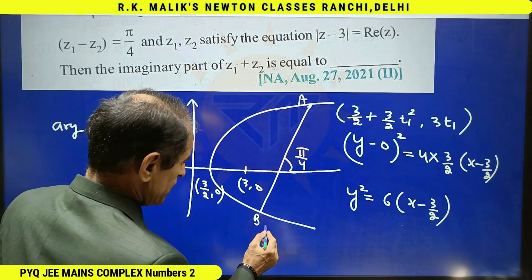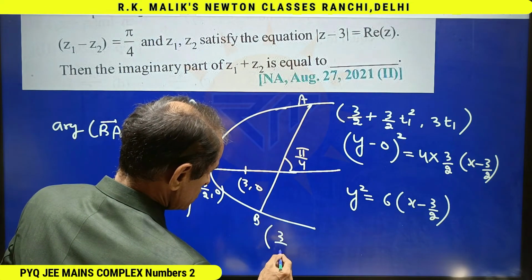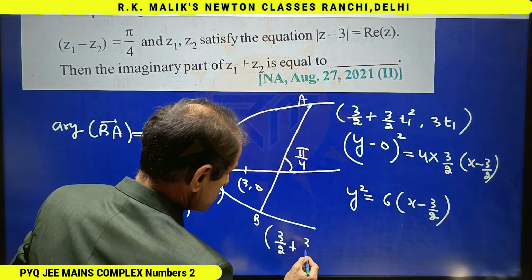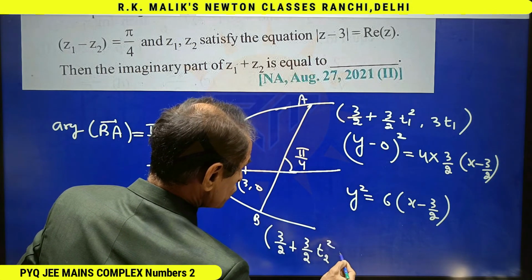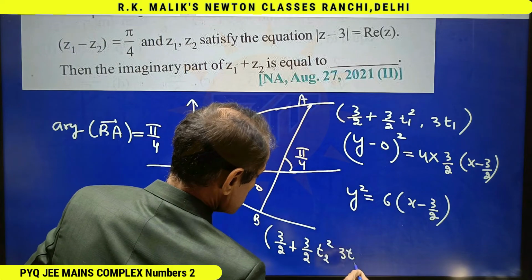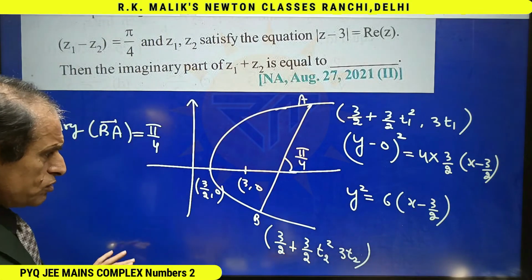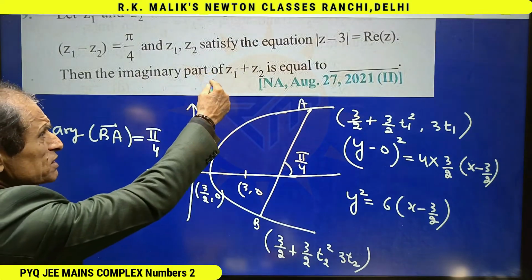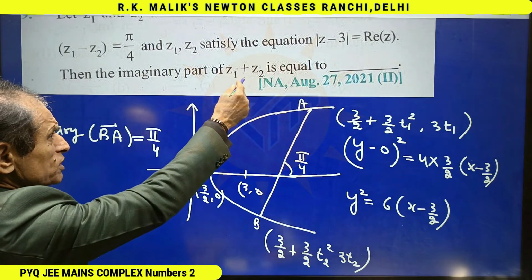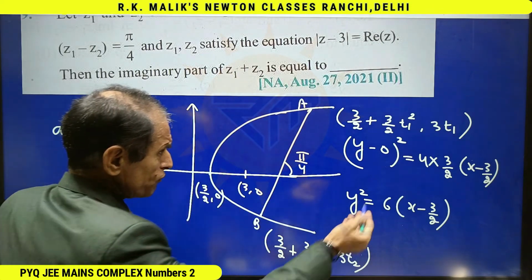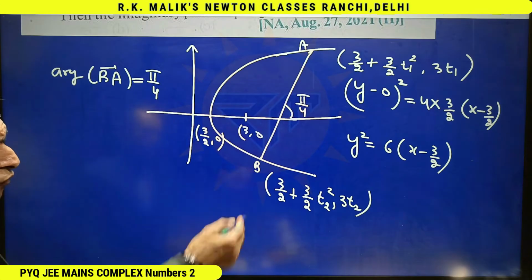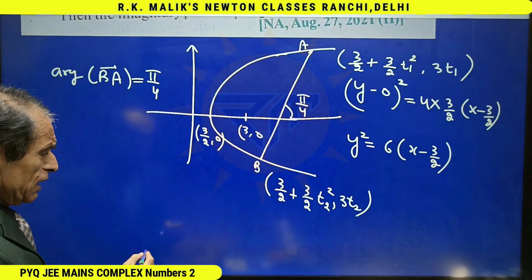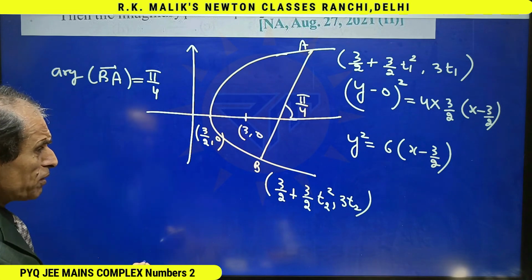Similarly, the point B can be taken as 3/2 plus 3/2 t2 square comma 3 t2. And to find the imaginary part of z1 plus z2 means we have to find the value of 3t1 plus 3t2. Obviously, the slope of AB will be tan pi/4.